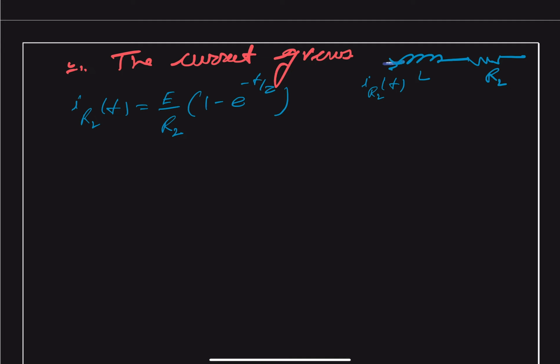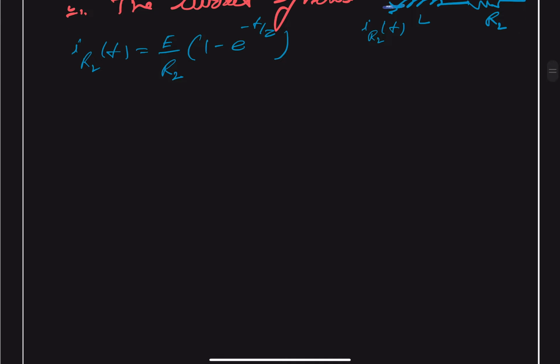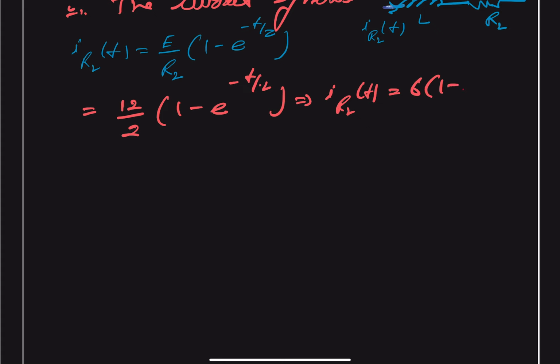Substituting the values, E is 12, we have 2 ohm resistance, 1 minus e, and tau we just calculated is 0.2. So the current through the series combination of L and R2 will be equal to 6 times 1 minus e raised to power minus 5t.